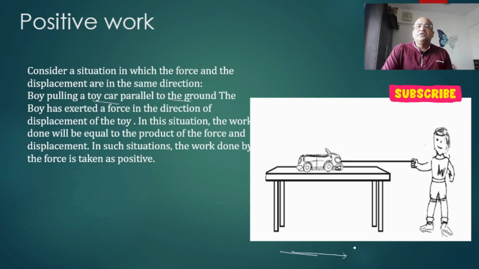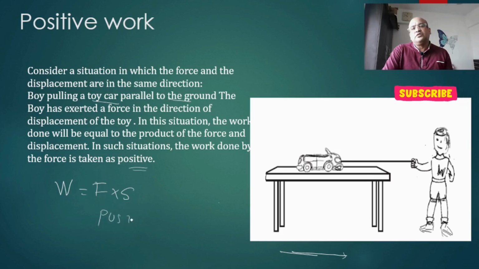Now in this situation, the work done will be equal to the product of what? Force into displacement. Work is the product of force into displacement. In such a situation, the work done by the force is taken as positive. So this is a positive work. Why is it a positive work?